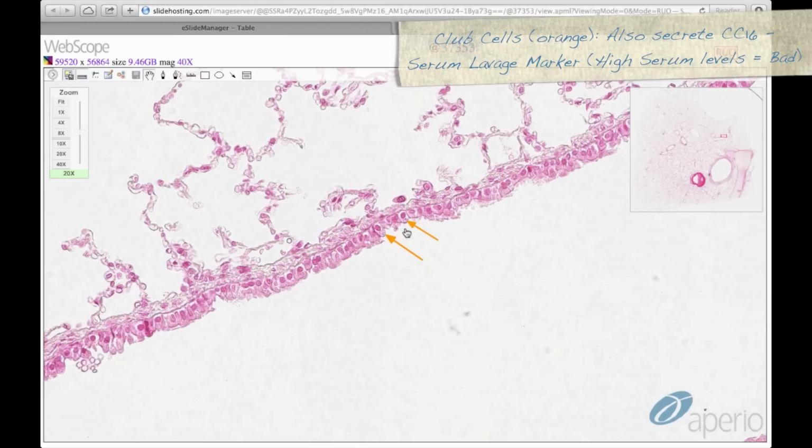Lastly, the club cells also secrete club cell secretory protein, or CC16. CC16 is utilized as a pulmonary marker for bronchoalveolar lavage fluid. Thus, when the lung is injured, the secretions of CC16 into the bronchial tree will decrease, while serum levels of CC16 will increase due to damage to the blood-air barrier.